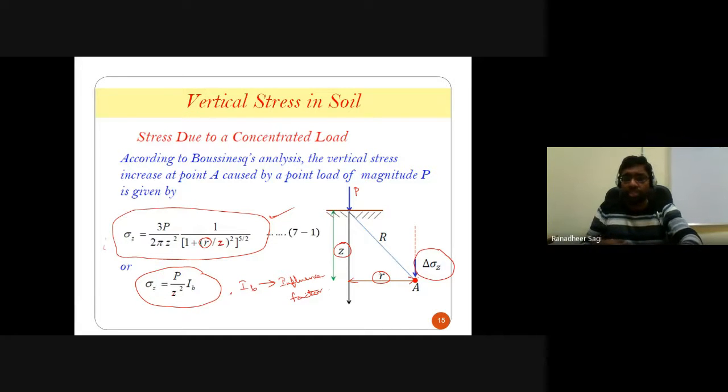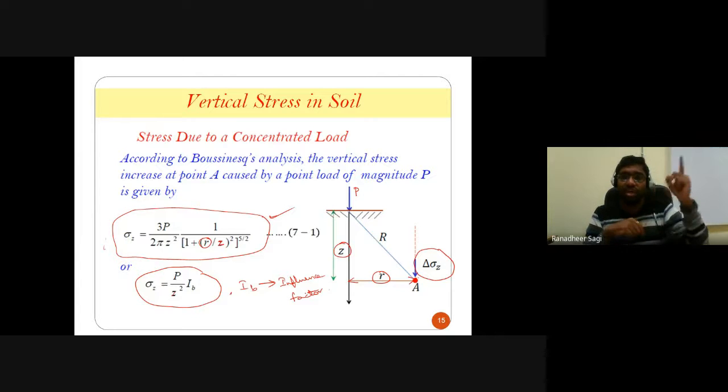It's not that stress is developed only at the point where the load is applied. Stresses in the soil are also developed at other points, which need not be immediately below the point of application of the load. So this influence factor says what is the effect of that applied load at point A.